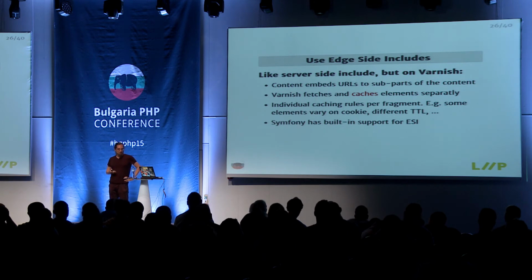And the interesting thing is that the cache will fetch all these parts separately, and for each of them you can have specific caching rules that say, okay, this part depends on the cookie, this other part cannot be cached at all, and this thing, whatever, you just cache it, it's the same for everybody.